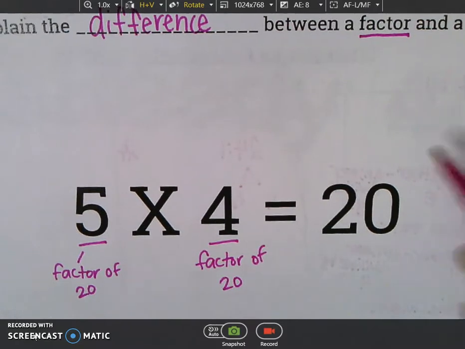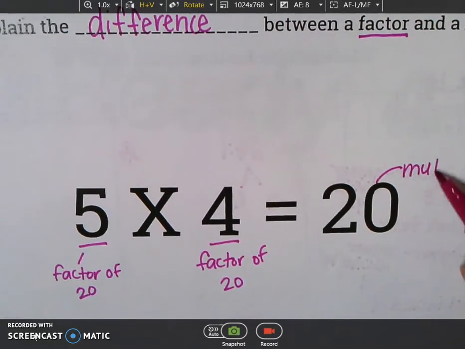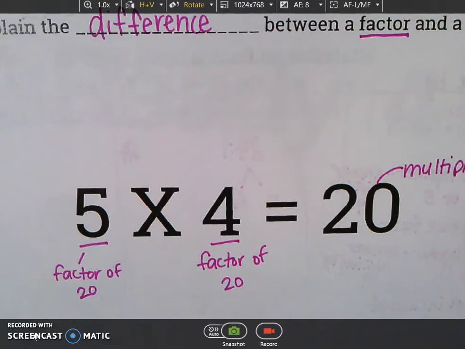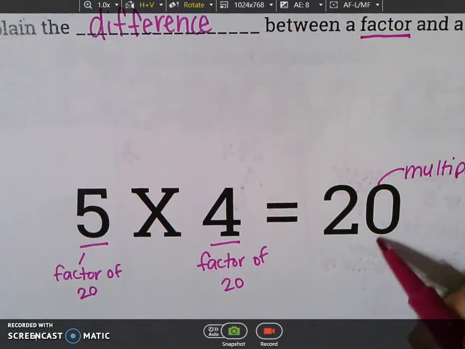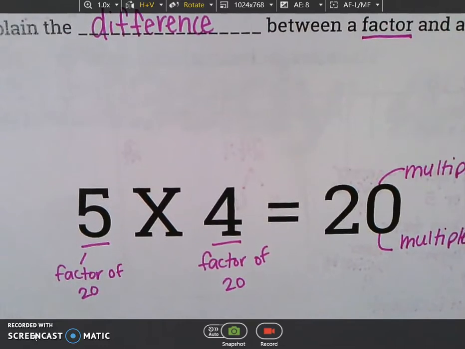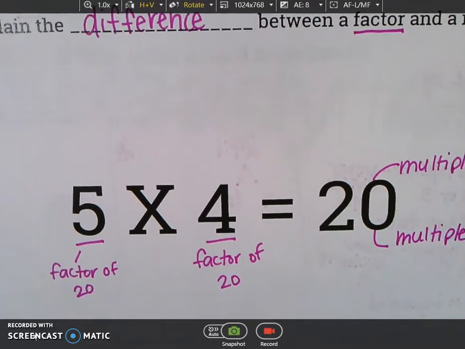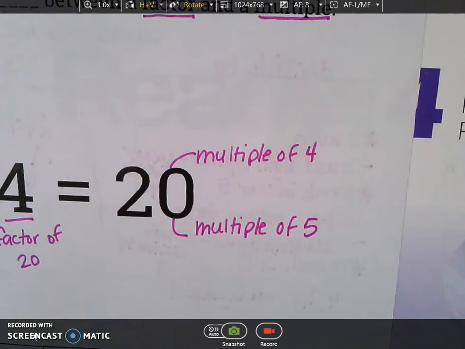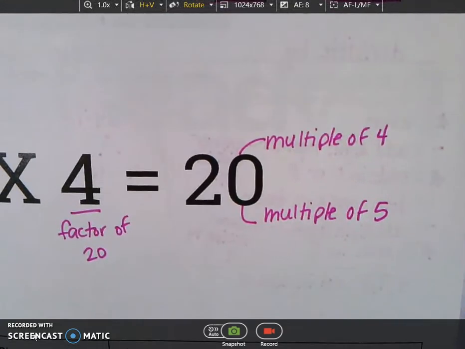So 20 then is a multiple of 4, and it's also a multiple of 5. So 20 is a multiple of 4 and a multiple of 5, both. A multiple is kind of like the answer to your multiplication problem, and a factor is the numbers we're multiplying together to get that answer.